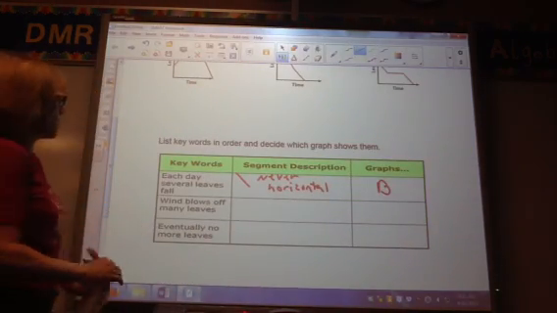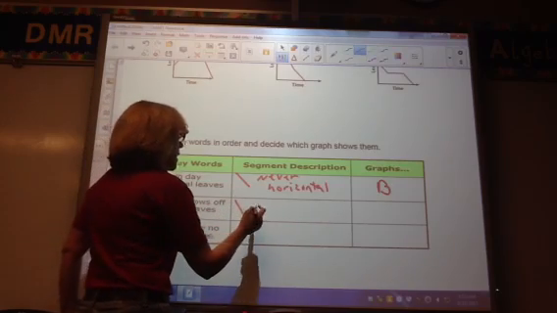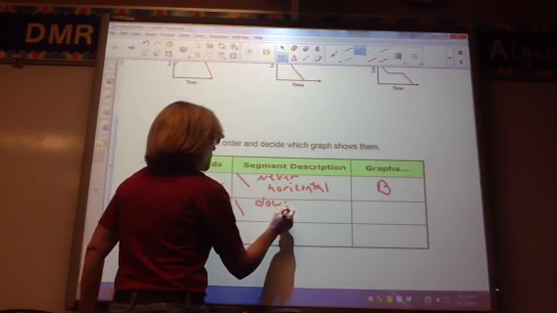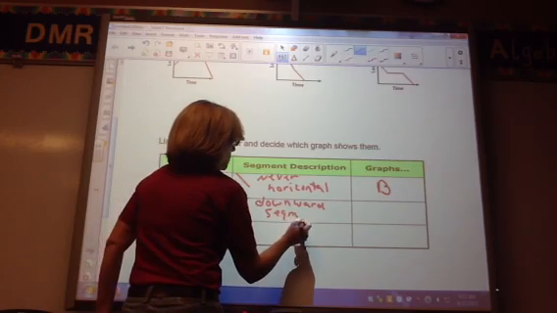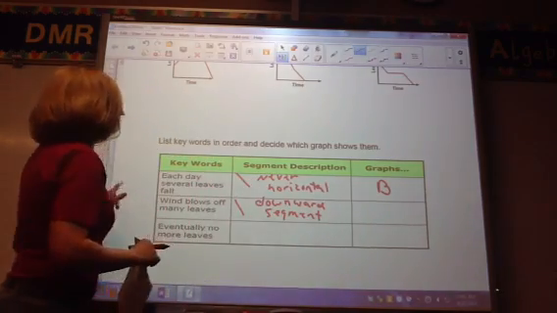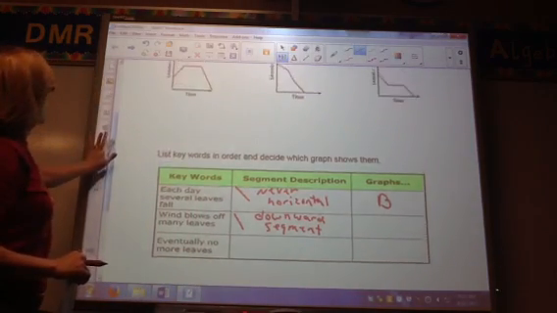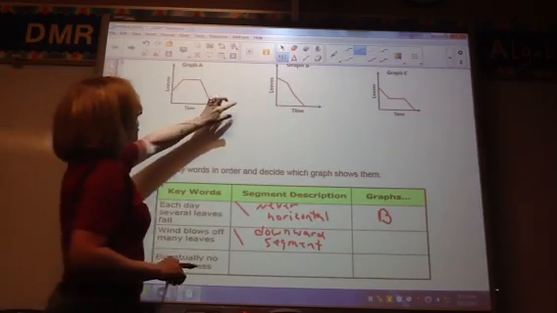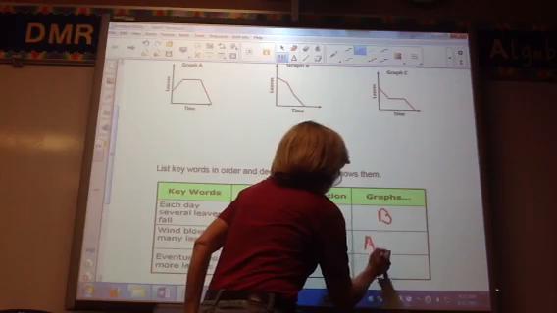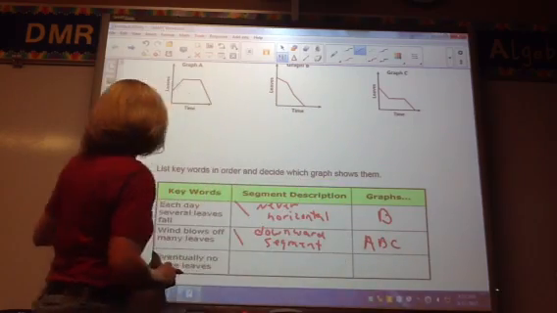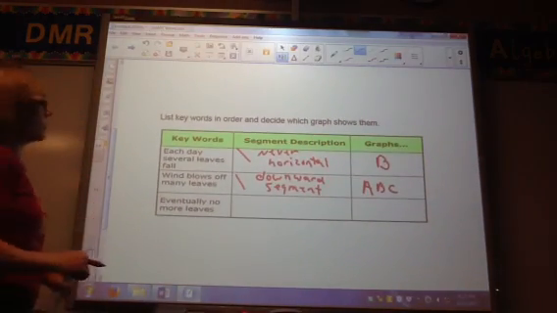Wind blows off many leaves. Okay, so that would be a downward. So we have downward, we have downward, and we have downward. So this is all three graphs. Okay, eventually no more leaves fall.